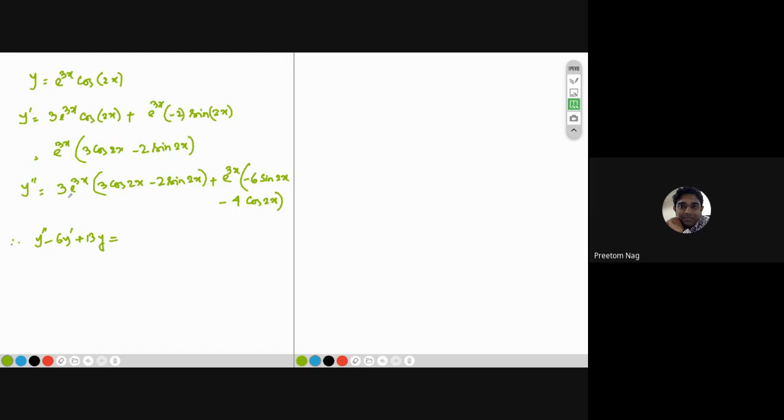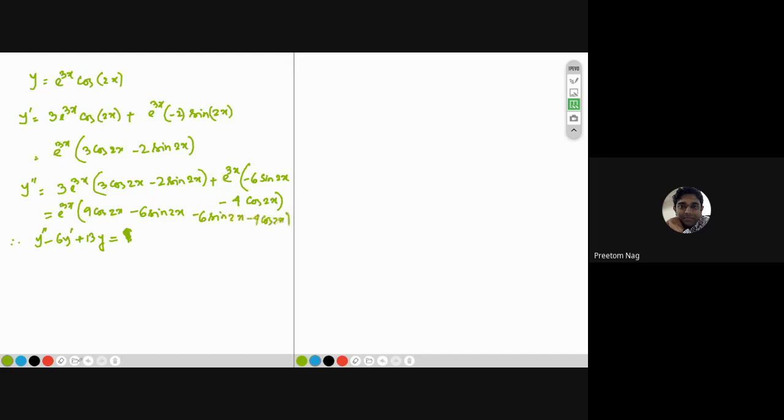So, I can easily see 3 into 3 is 9 cos 2x. Okay, if I simplify e to the power 3x, that will be 3 into 3, 9 cos 2x minus 3 into 2, 6 sin 2x, minus 6 sin 2x, minus 4 cos 2x.